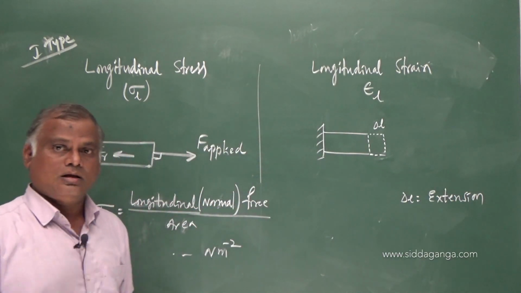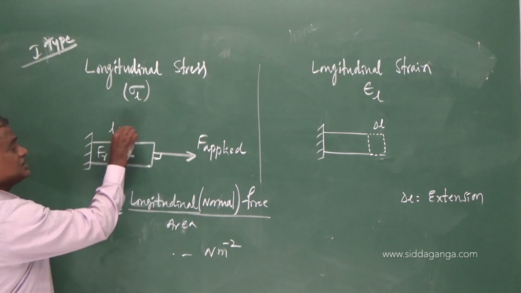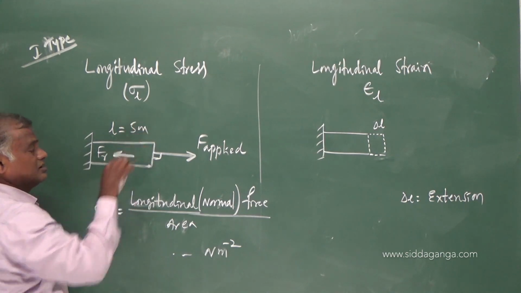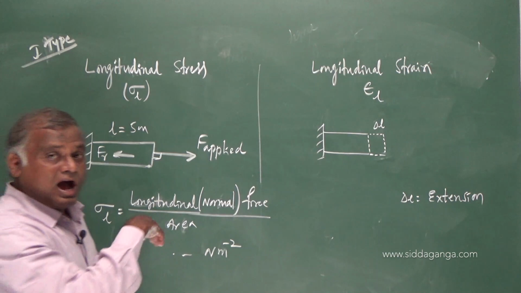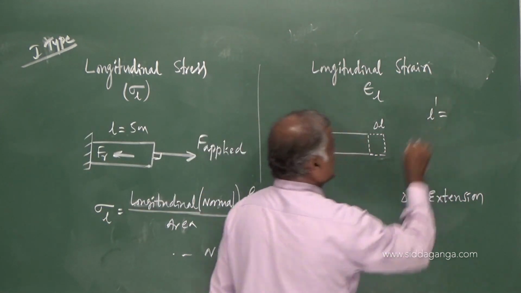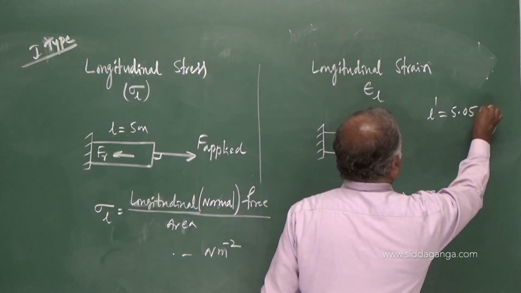For example, let us say initial length before stretching is 5 meter. Assume that. After stretching, say new length L dash becomes 5.05 meter.